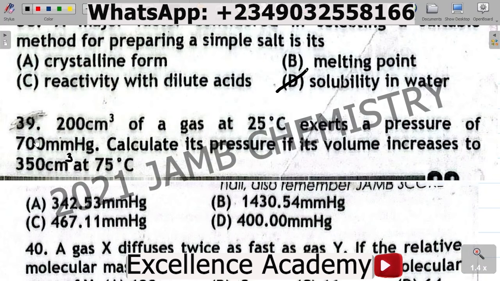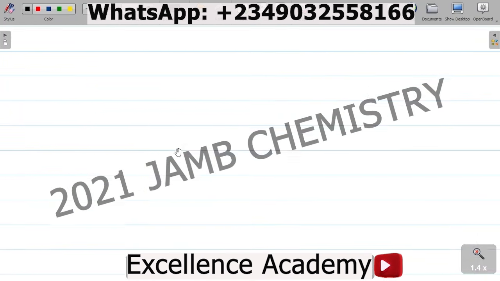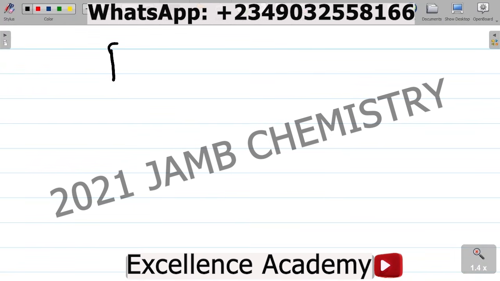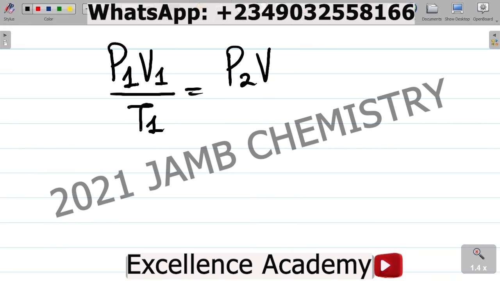degrees Celsius, we are given pressure in millimeter mercury. Hence, we're going to be using the combination of Boyle's and Charles' law. That is P1 V1 all over T1 is equal to P2 V2 all over T2. Now let's input values.